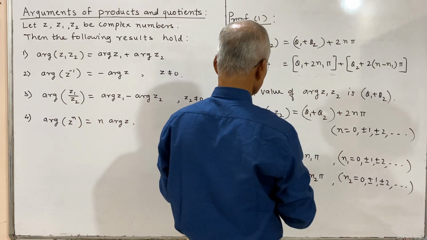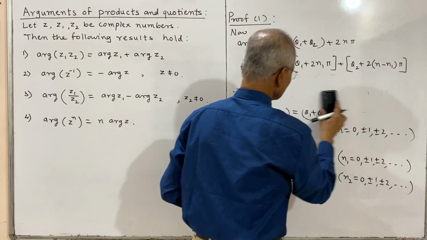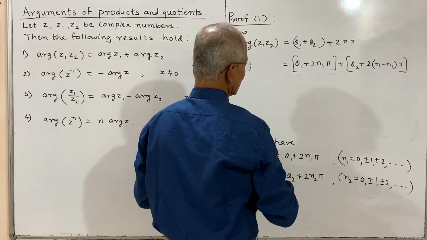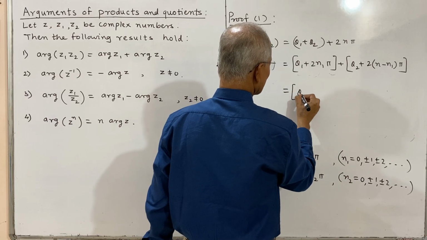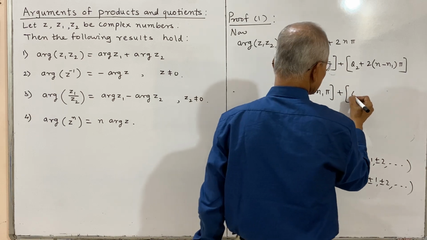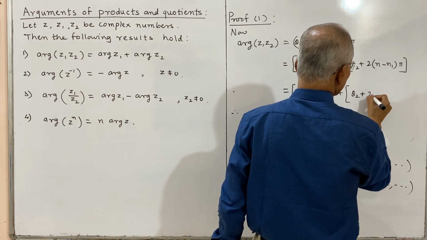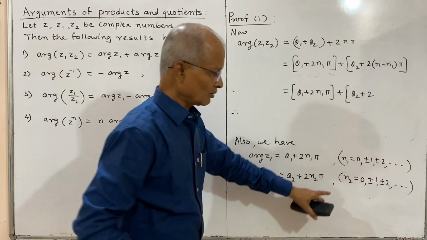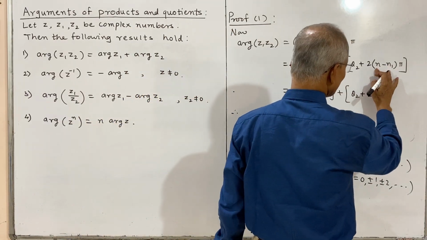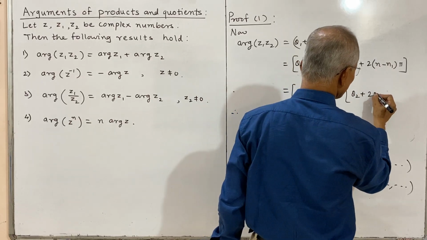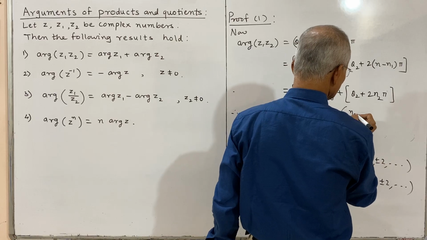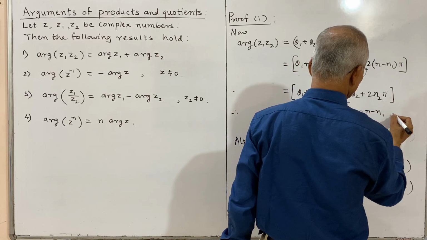And see, this is further. This we shall keep as it is, theta 1 plus 2 n1 pi, and this may be written as theta 2 plus 2, n is integer, n1 is integer, n2 is integer, and this n minus n1 is a difference of two integers, which is an integer, and we shall denote it by n2 pi, where n2 is equal to n minus n1.